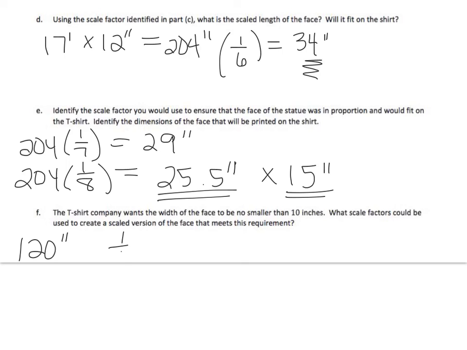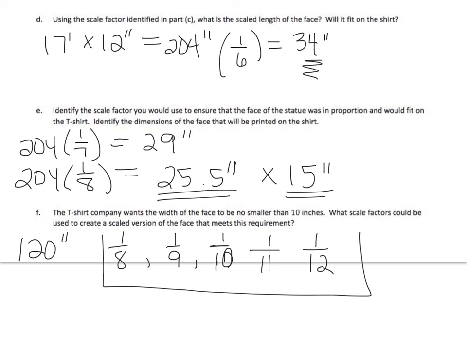If I scaled it by 1/8, doing some math here, yep, that would work. 1/9 would work. 1/10 would still work. An 11th, yep, that'll work. And let me check a 12th real quick. I'm at 120 divided by 12, which is 10. Yep, these scale factors all work for those requirements.